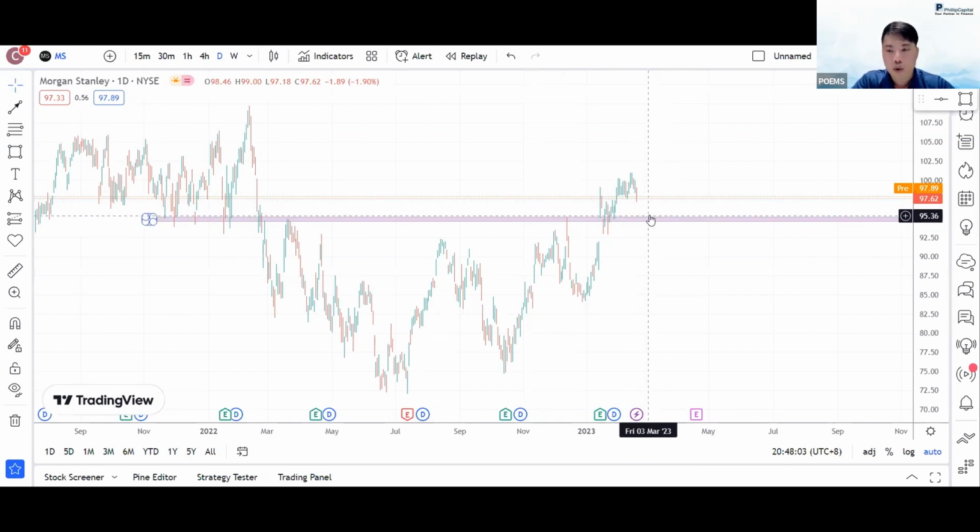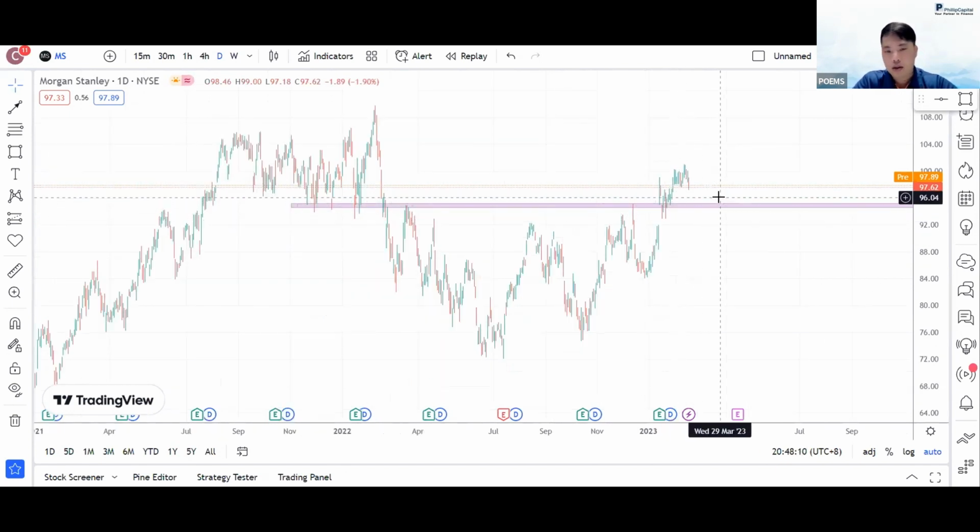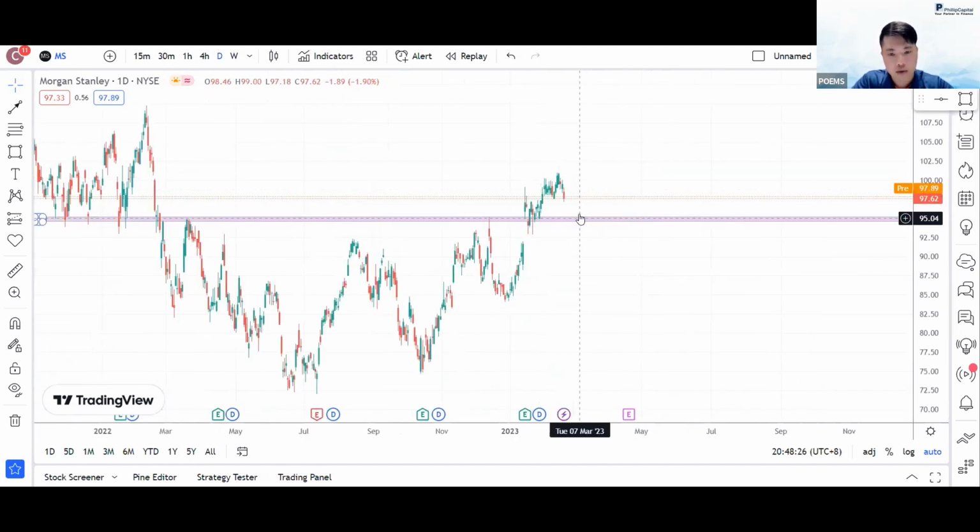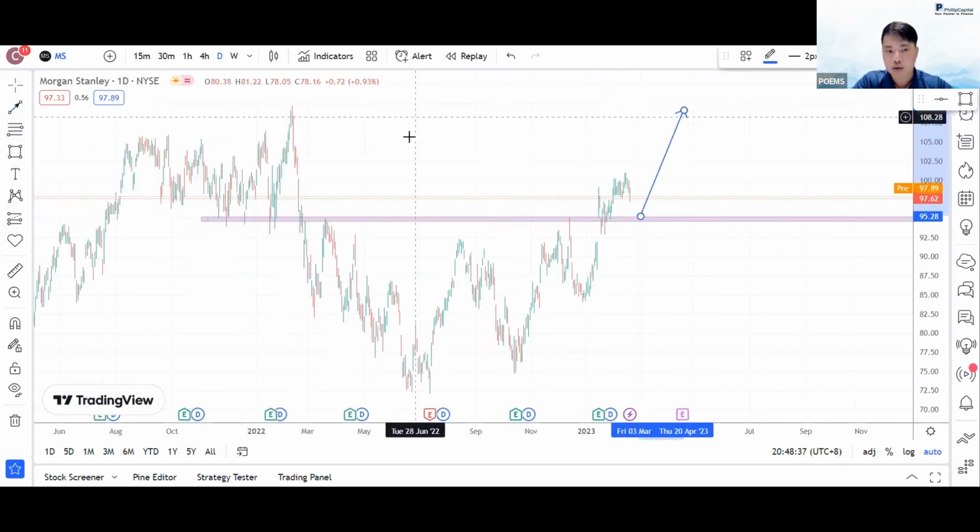So if price were to hover above the 95, as long as there's no form of catalyst, I can't really forecast what would happen for the next 6 months, but there is a very high probability that for Morgan Stanley, most likely it is going to come down first, tap the 95, and then we would see a strong bullish upward movement to somewhere around 105, right?